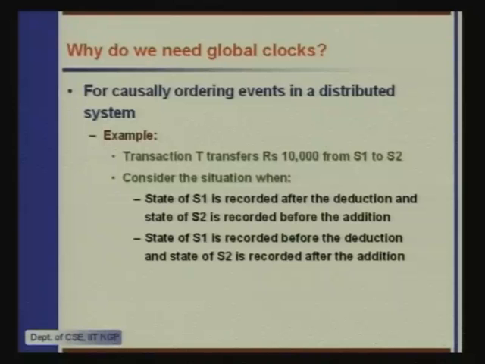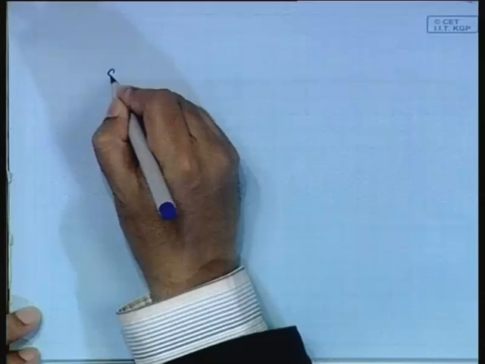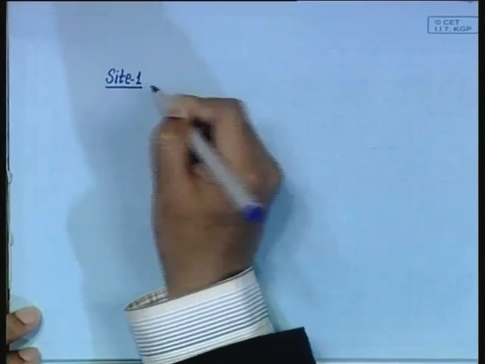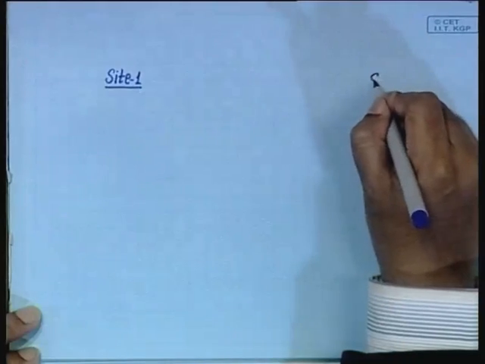Now let us see what kind of problems there can be if we are not able to manage time correctly. So let us say that I have a database in which we have two sites, let us say site 1 and I have site 2.